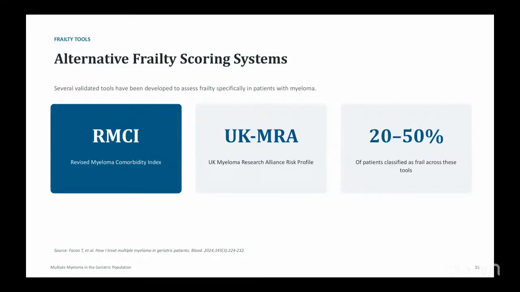The practical message here is that it's not that every clinician needs to calculate every score out there. Rather, we should note that we need structured methods of identifying patients who are particularly vulnerable before starting treatment. And remember, the score should only support our clinical decision making, not replace it.